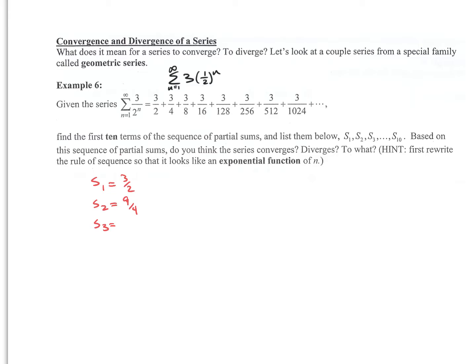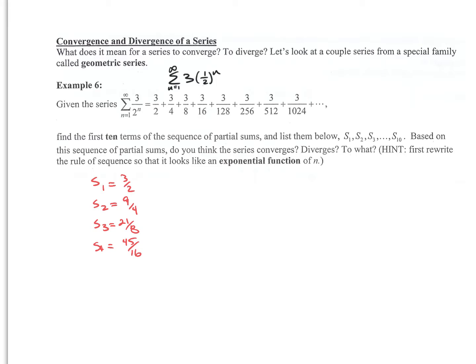21/8. All right. And then I would get S sub 4, which would be equal to, double it, add 3. Double 21, what do we get? 42. So then we add 3 to it, we get 45/16.